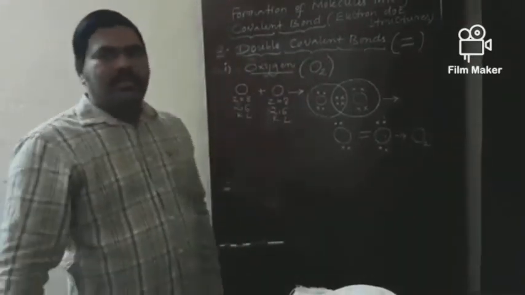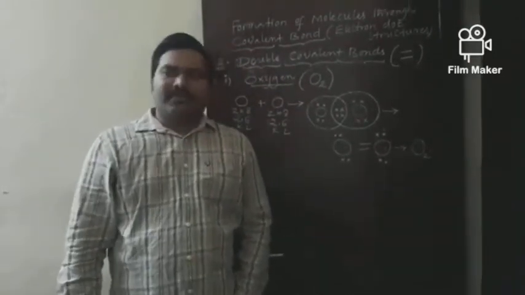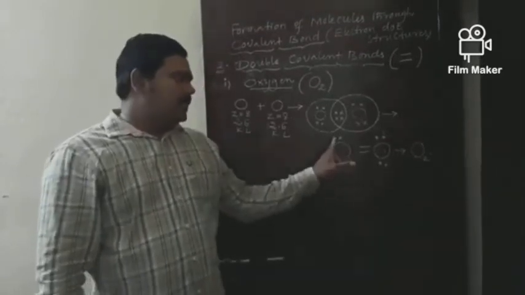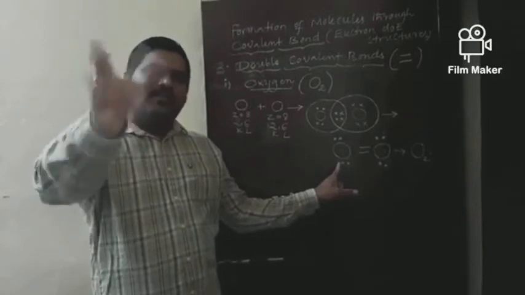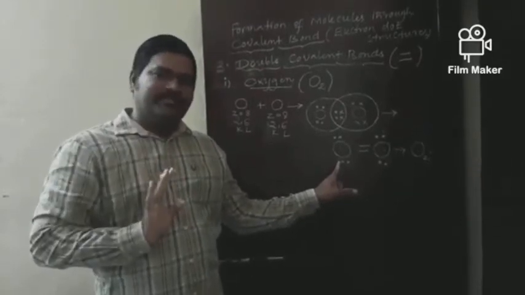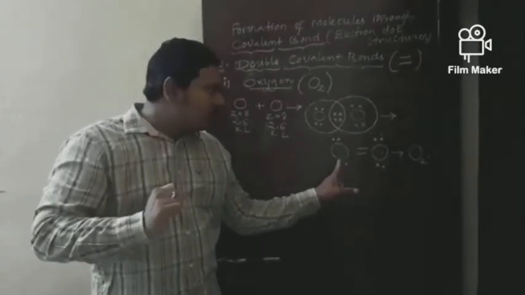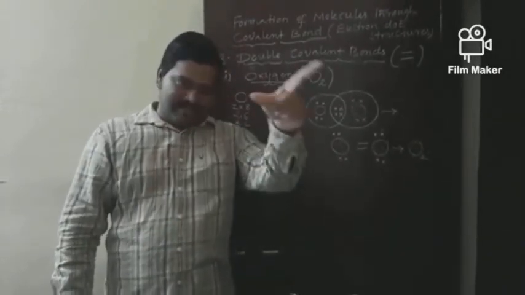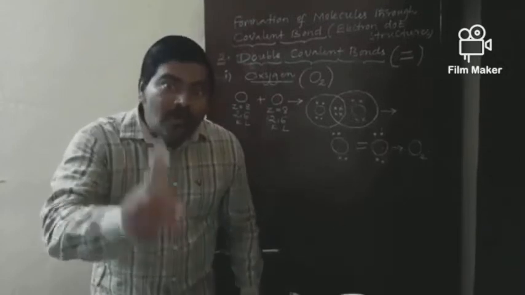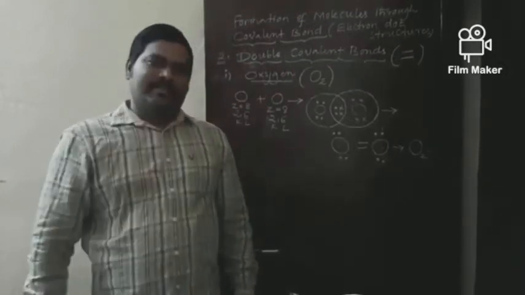So, let me ask one question. Be careful. These two pairs of electrons are not involved in bond formation. What name is given to these two pairs of electrons? Yes, tell me. Yes, you are right. Lone pairs of electrons.